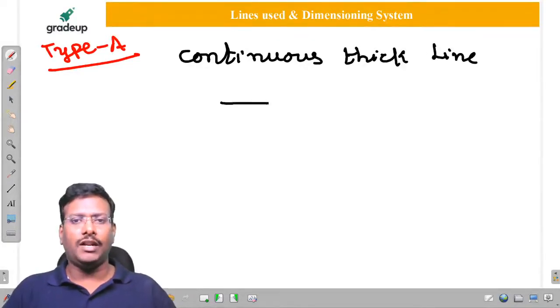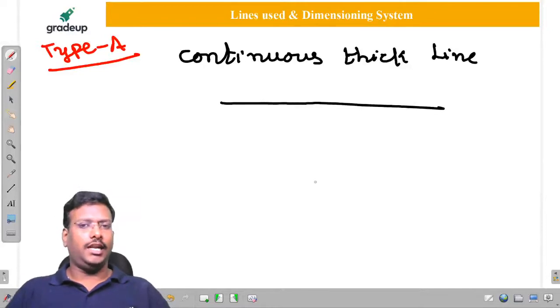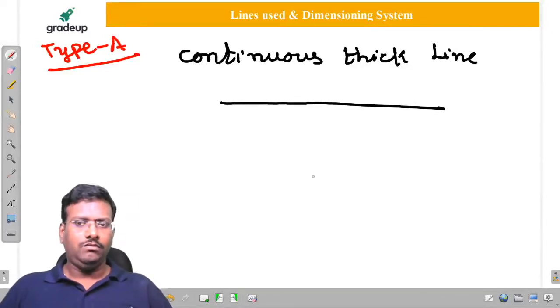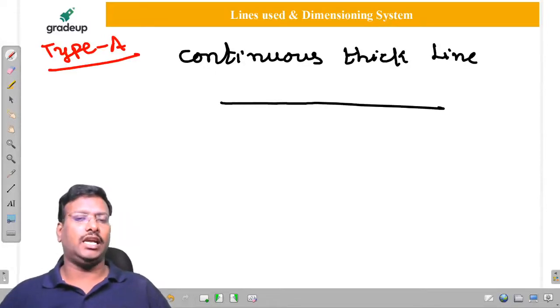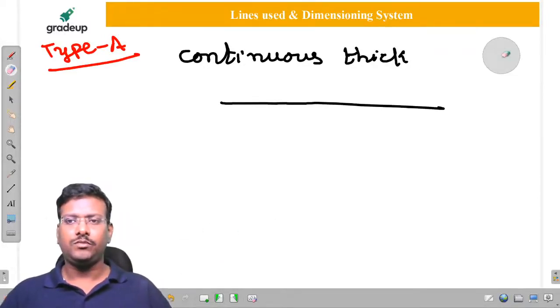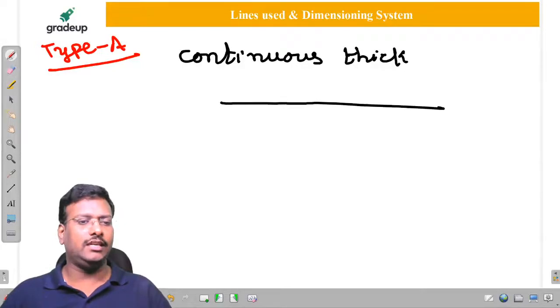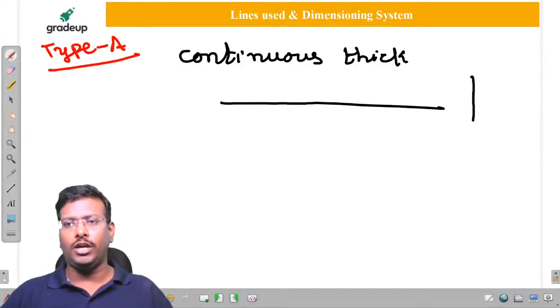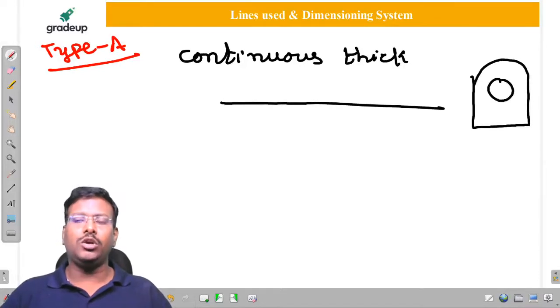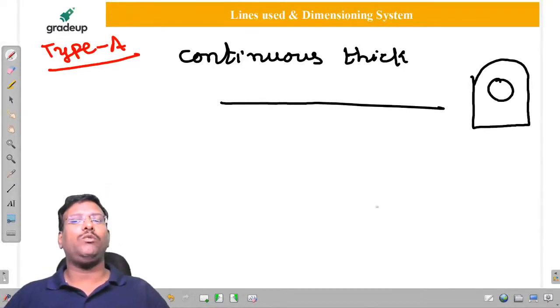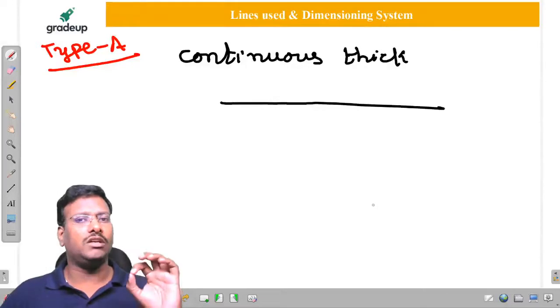How can you represent it? Some people may write it as a line, some people may write it as continuous thick. Why, sir? Because once you construct one particular object, it is also going to have curves. That's why we consider it as continuous thick.